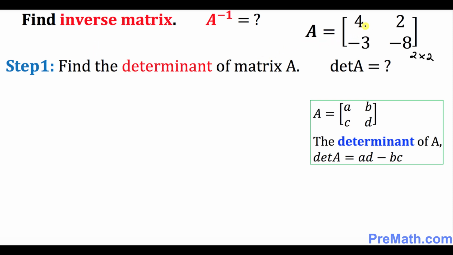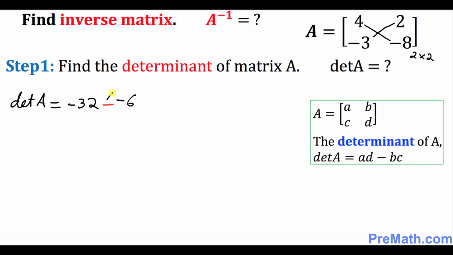The very first step is I want you to cross multiply this way, 4 times -8. So determinant det of A is going to be, when you cross multiply, 4 times -8 is -32, and then right after that you must always put a minus sign before you do anything else. Now we're going to cross multiply the other way around. 2 times -3 is -6.